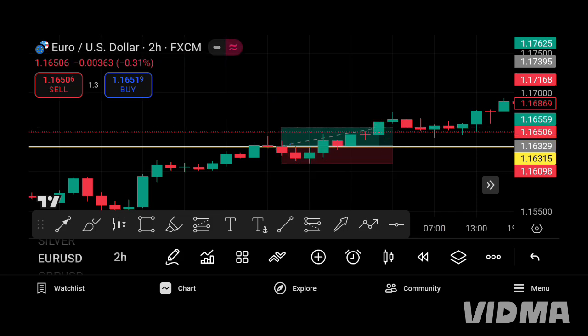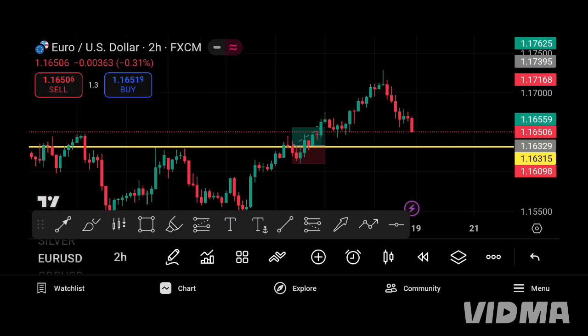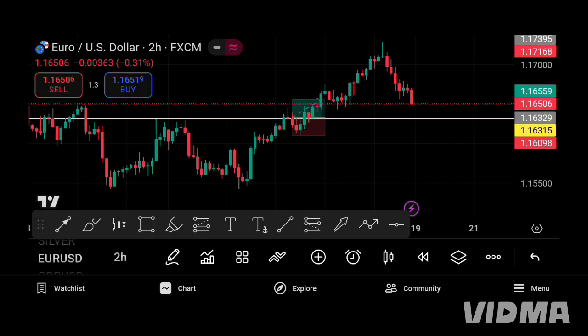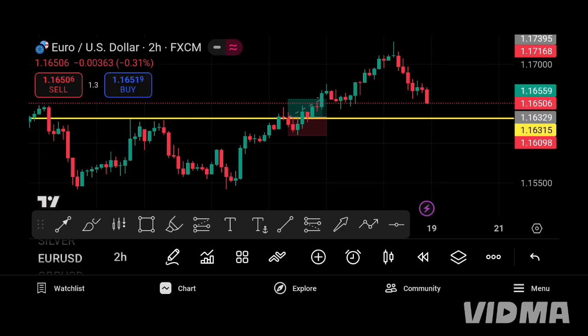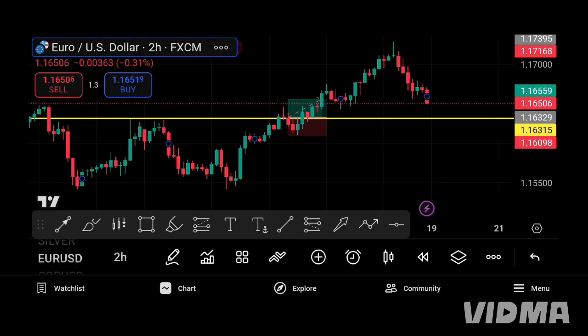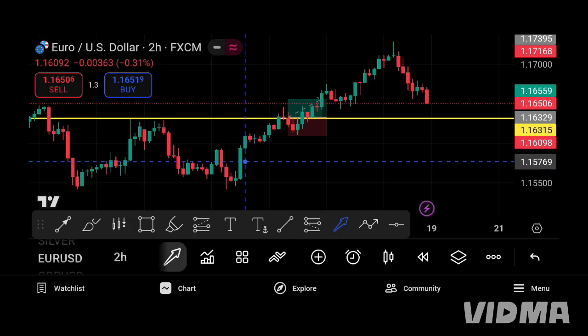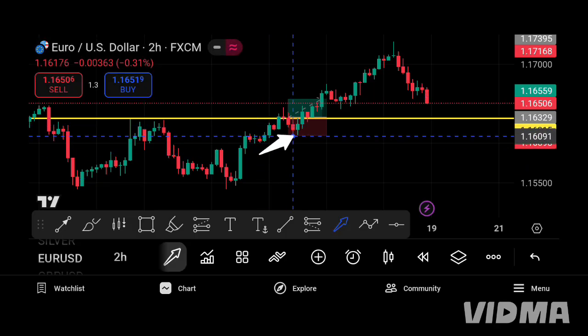You see our target was hit. Yes, I hope now it is clear, you can see it. We put our stop loss down in this candle that swept liquidity, and the entry here.